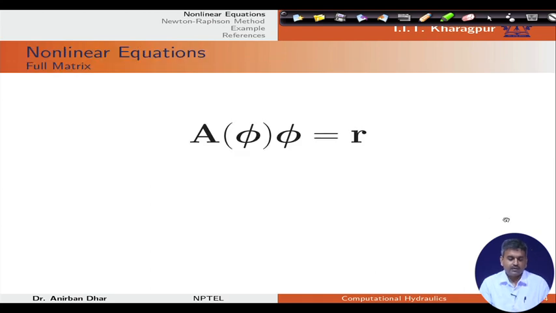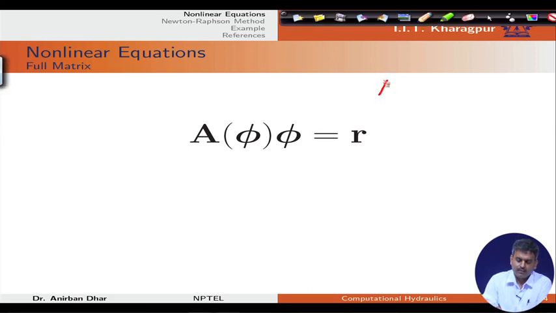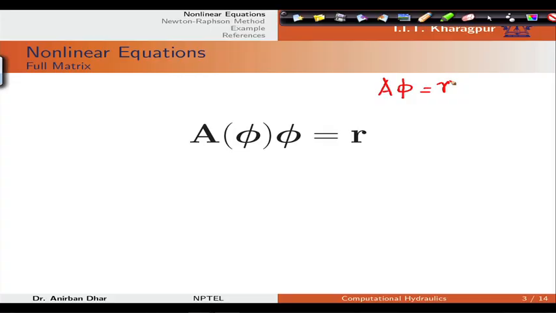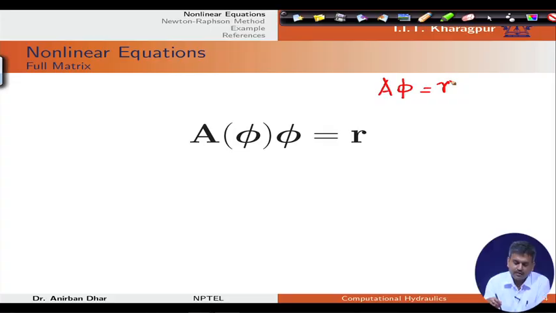Nonlinear equations: we have seen that if we have A phi equals R kind of structure, then we can solve it using a linear direct or iterative approach, but in this case the requirement is that A should have constant coefficients.